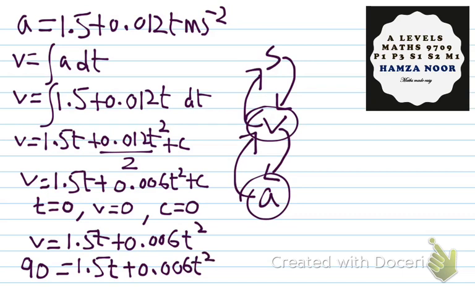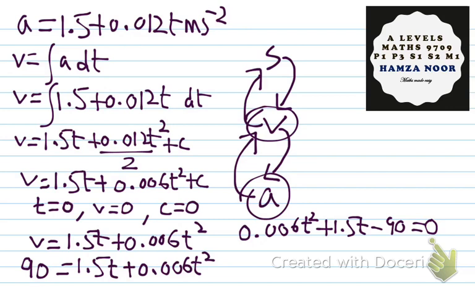Here you can simply solve the quadratic equation: 0.006 t squared plus 1.5 t minus 90 is equal to 0.